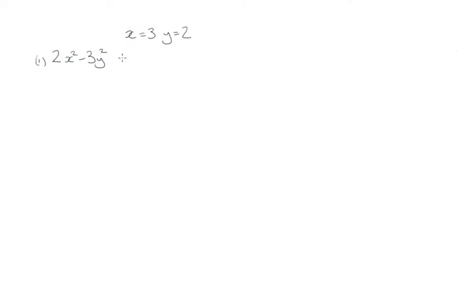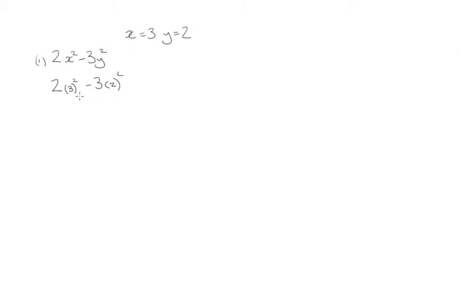And I said to you, okay, I want you to evaluate this expression, assuming that x is equal to 3 and y is equal to 2. What you would do is you would substitute in 3 for x. So 3 would go in here, and don't forget the little squared, minus 3 multiplied by 2 substituted in for y squared. Now we need to multiply this out and see what we get.